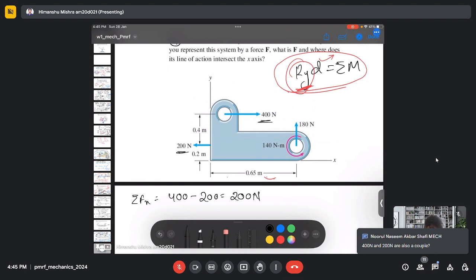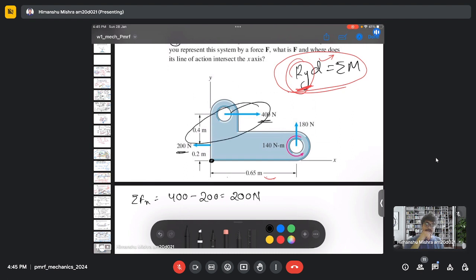So if you want to find the moment, let's say around this point, then it will act as a couple. So you have to take the moment of these two forces and then calculate the overall moment here. It can act as a couple because these are in opposite directions and these are parallel, but the magnitude is different here.